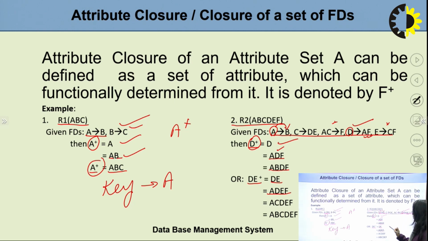Okay. So if we have A, D, E, F in our hand, what else can we determine? Here we can see that C, F can be determined from E, and if we have A, B can be determined. So at last we have A, D, E, F, and B can be determined, C can be determined.